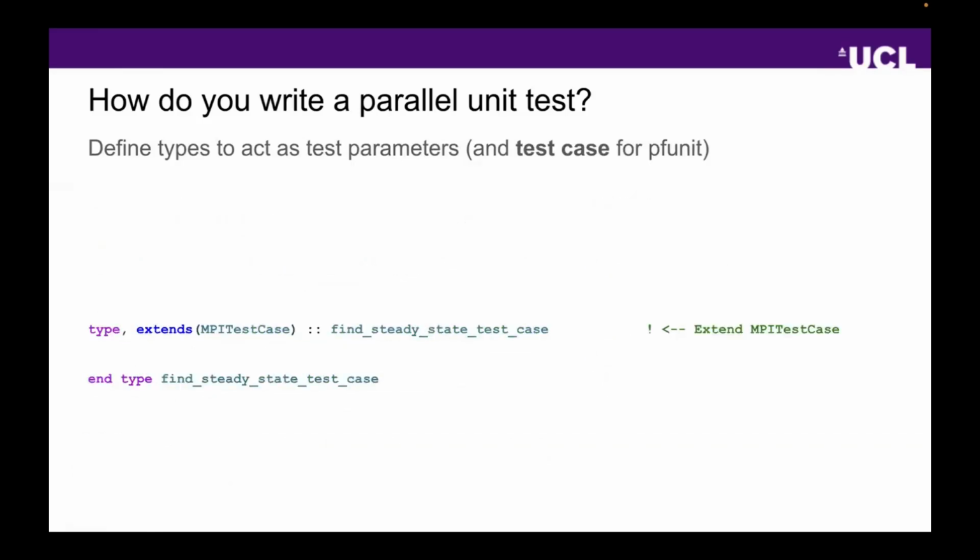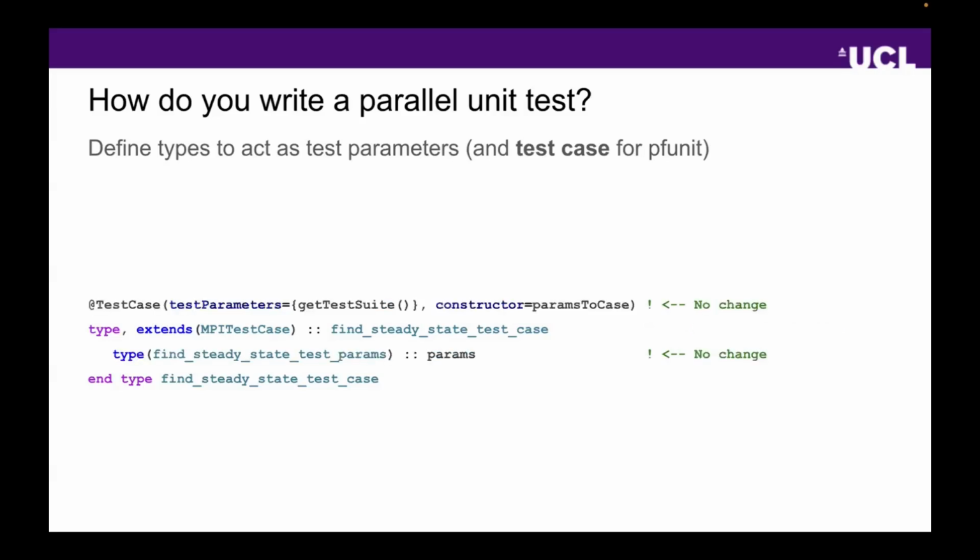Similarly, for the test case type, there's very little change. The only change, in fact, again, is the type that we extend, which is now MPI test case. That's because these types give us some base type-bound methods that we can use, and it allows PFUnit to understand that this is an MPI test case. This is not a parallel serial test case, which we'll again see in more detail in a moment.